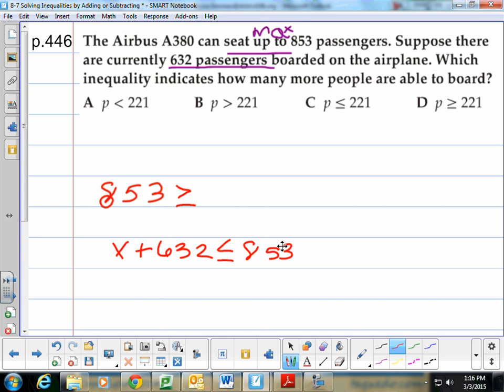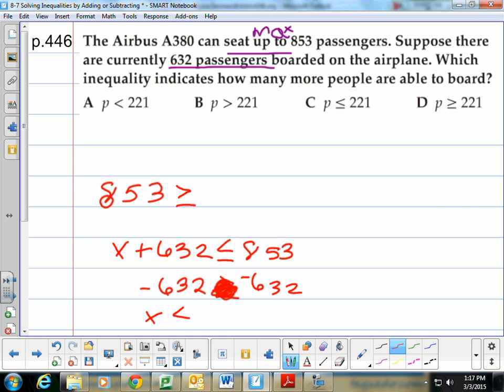So you have to think that that's the max, so you would never want the number of people on board to be greater than the capacity. You would never want more people on an airplane. That would not work out very well. So you'd show your work and you'd subtract, okay, without the 632 people already on board, how many more can fit?